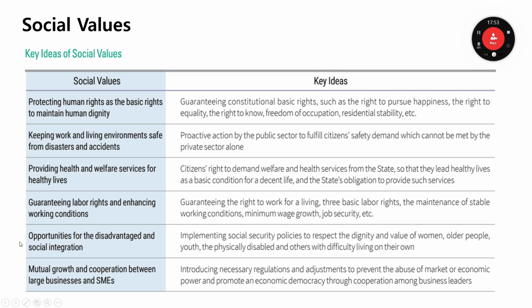Another is opportunity for the disadvantaged and social integration. The key idea is implementing social security policy to respect the dignity and value of women, older people, youth, the physically disabled, and others with difficulty living on their own.